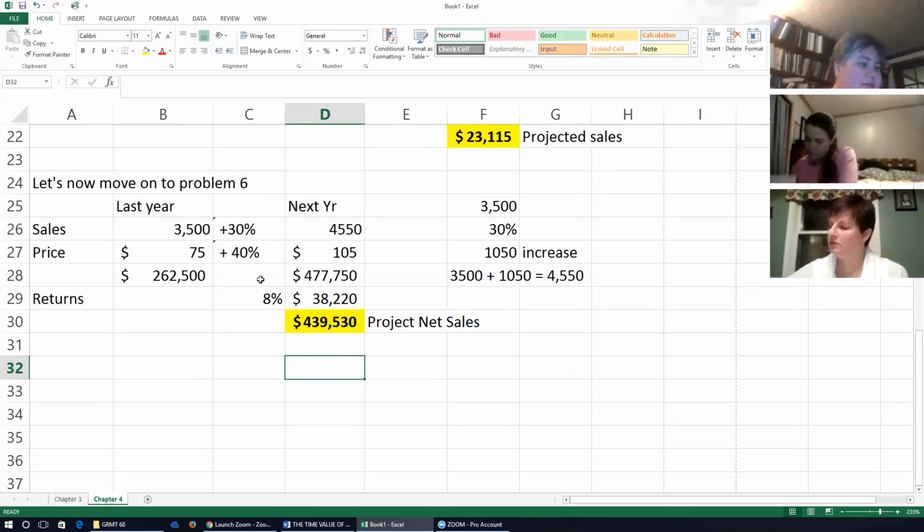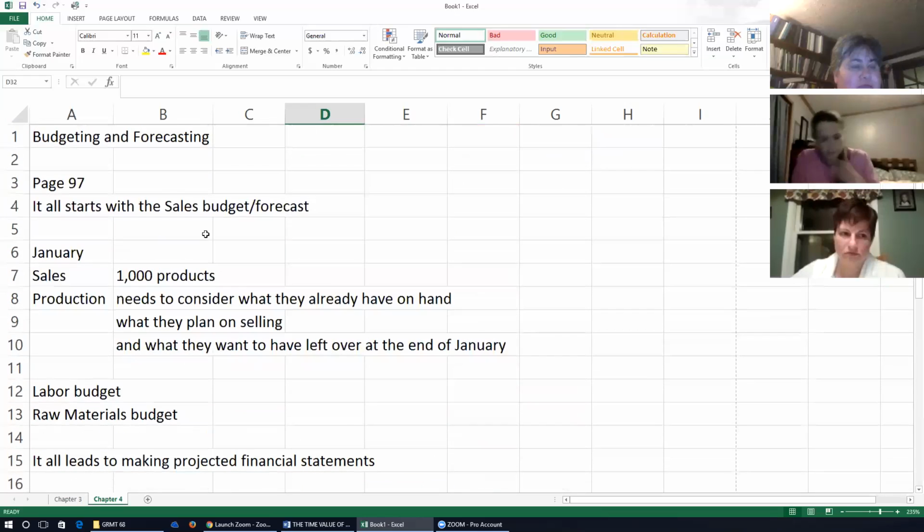After talking about the sales budget and the production budget, kind of walking through the different budgets and how they all feed into the financial statements, they talk on page 101 about the ending inventory. And it kind of takes me back up to what we were talking about before.